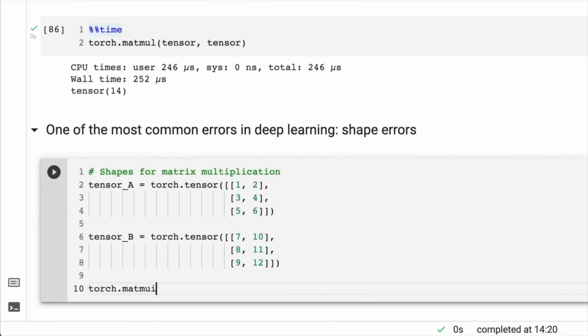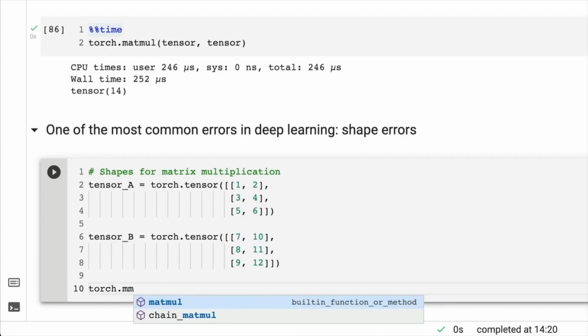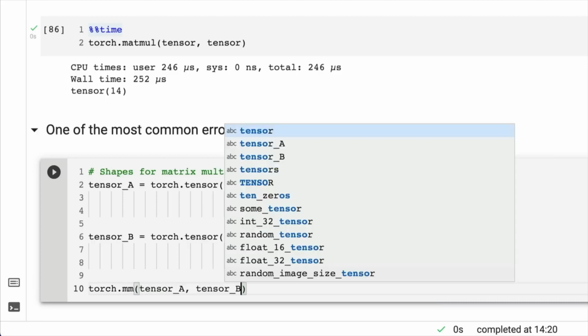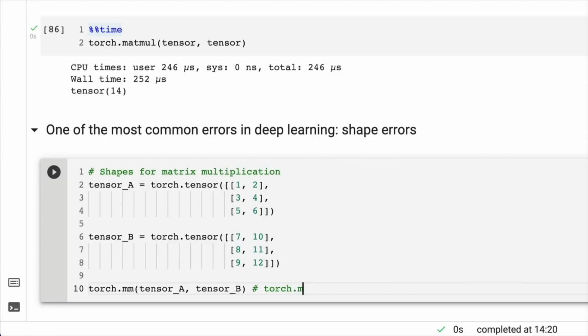Torch.matmul for matrix multiplication. PS, torch also has torch.mm, which stands for matrix multiplication, which is a short version. So I'll just write down here so that you know: torch.mm is the same as torch.matmul.